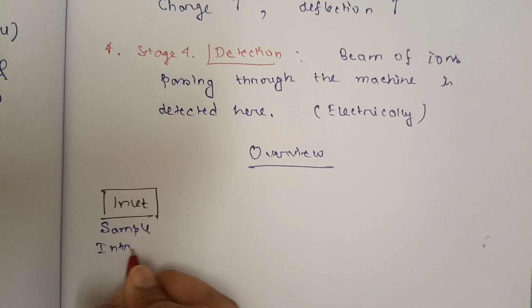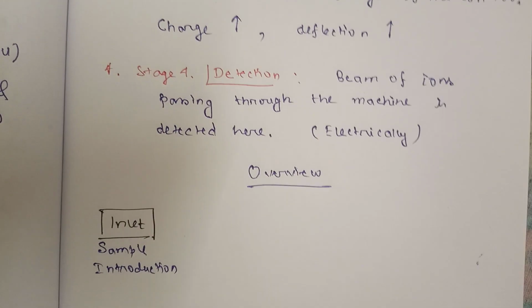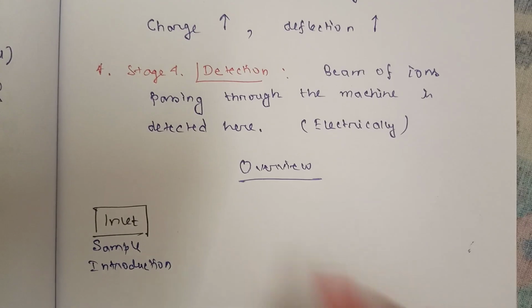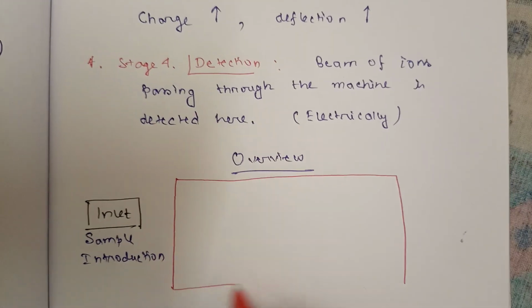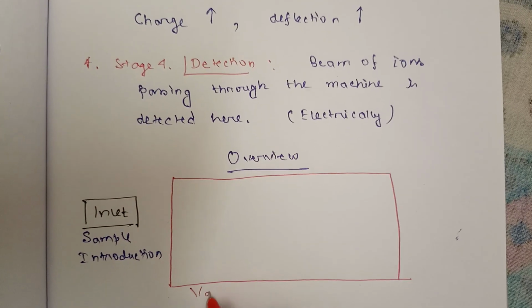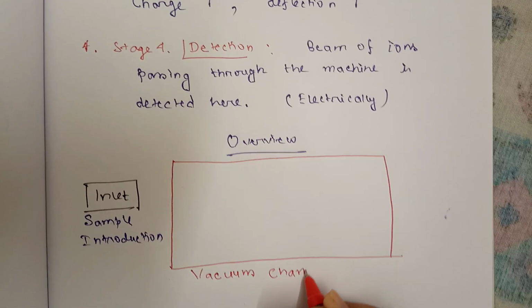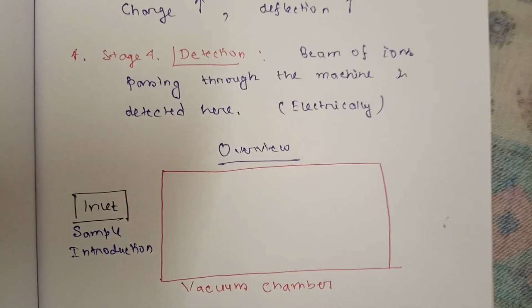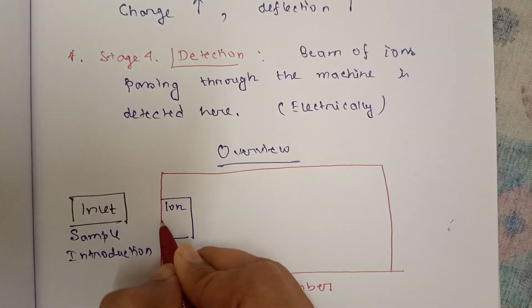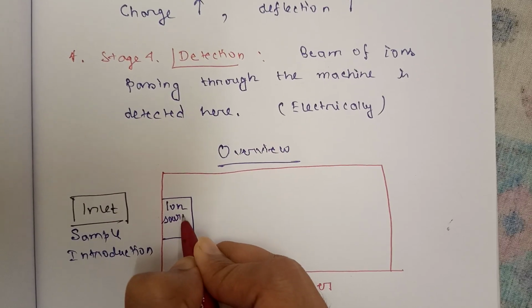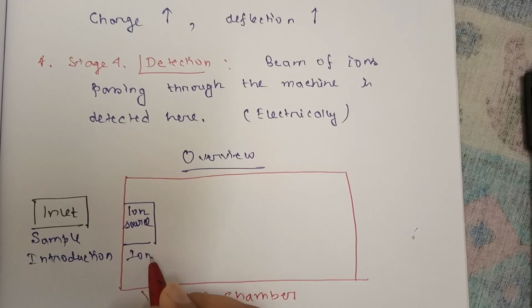Here you will keep the sample, and then there will be a big vacuum chamber. Here we will have the ion source, where the ionization will happen.